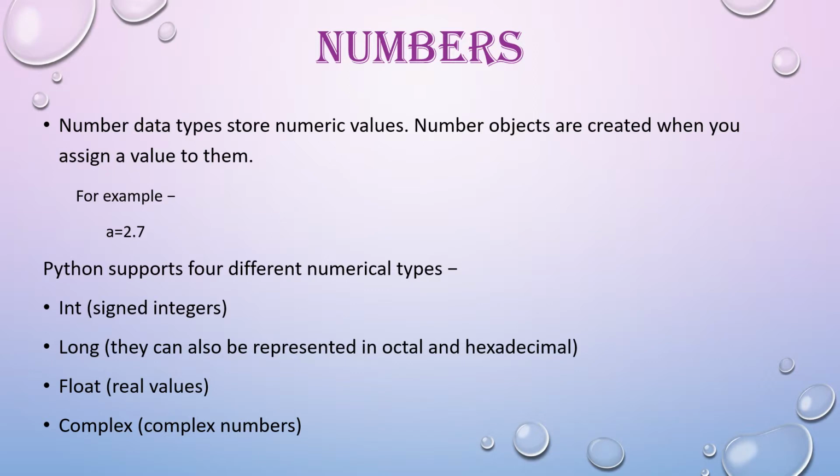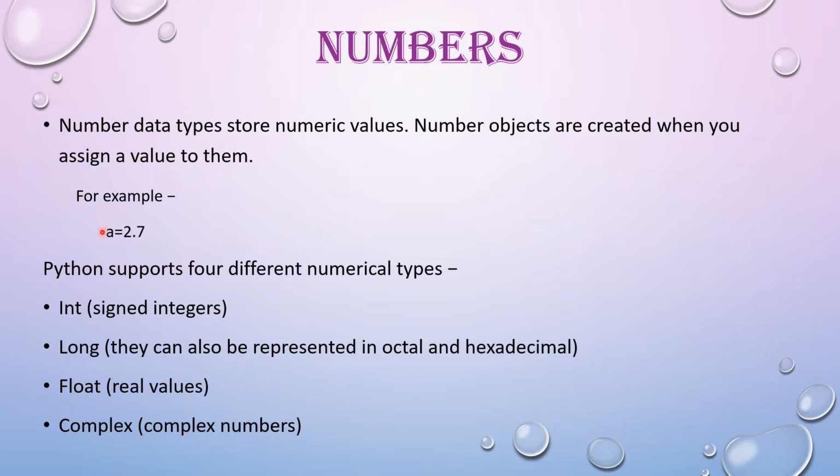Numbers are data types storing numerical values. Number objects are created when we assign a value to them. Which means a number is any numeric value which can be assigned to a variable. It supports 4 different numerical types, that are integer, long, float and complex.